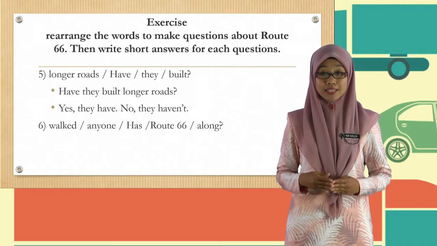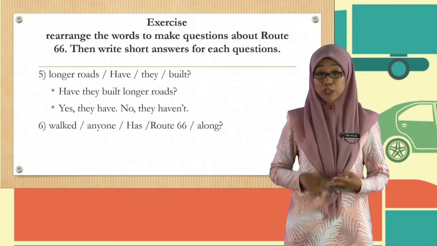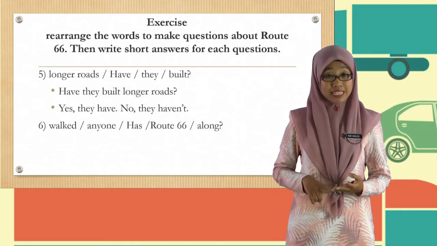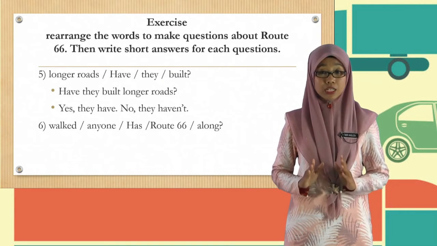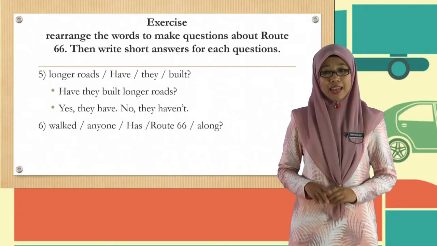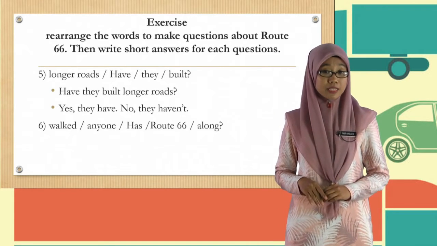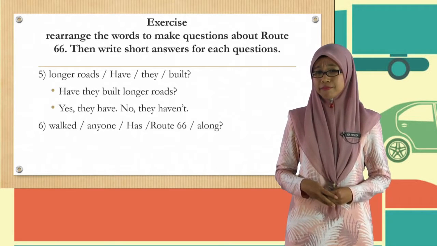Question number 6. We have walk, anyone, has, Route 66, and along with a question mark. Has should be placed at the beginning of the question, followed by the subject. What is the subject here?